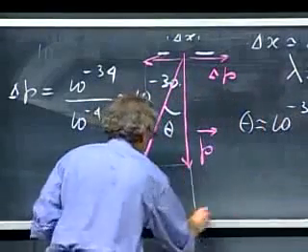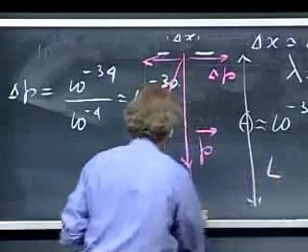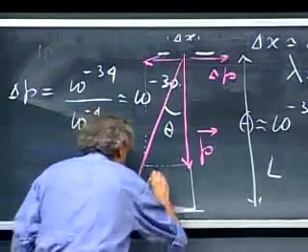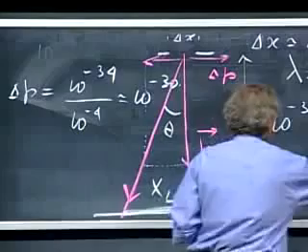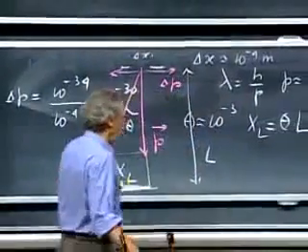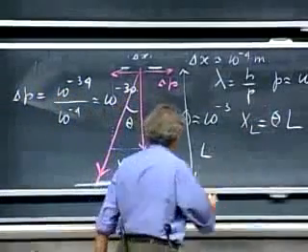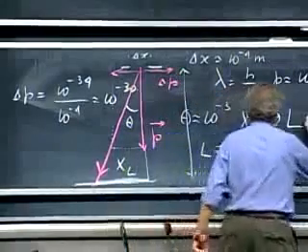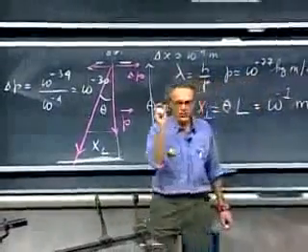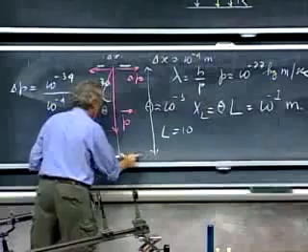And if at a distance L you have a screen, then the spot on this screen, x at location L, is obviously theta times L. If theta is 10 to the minus 3, and let's assume L is about 10 meters, then you get 10 to the minus 2 meters. That is 1 centimeter. 1 centimeter in this direction and 1 centimeter in that direction.